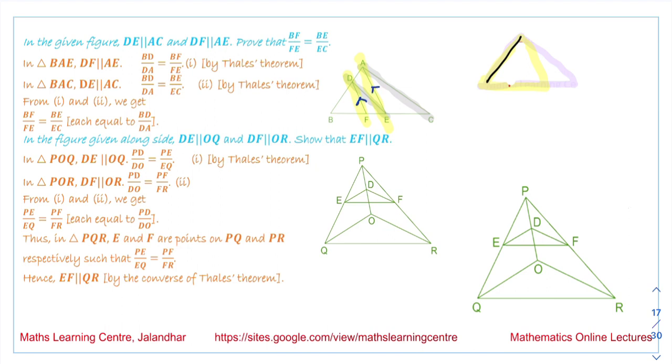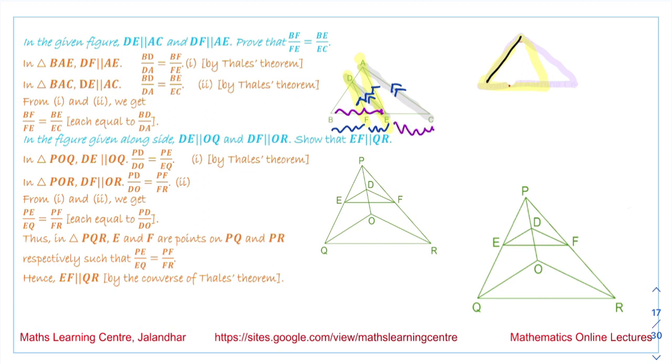We are saying these two lines are parallel, and these two lines are parallel to each other. We have to prove that BF over FE, we are talking about this length, BF over FE, is equal to BE over EC. We have to prove this thing.